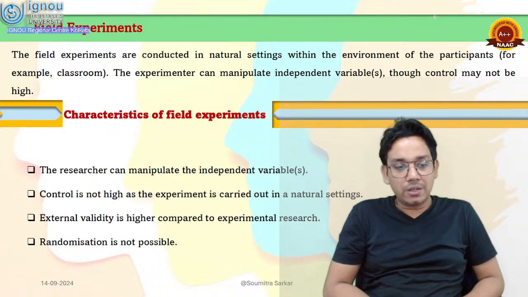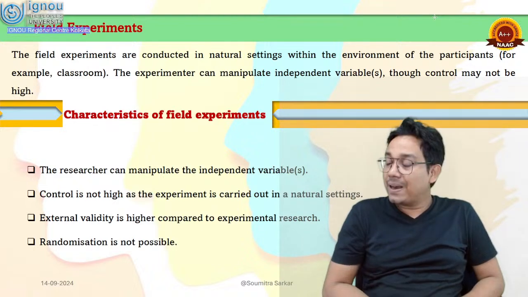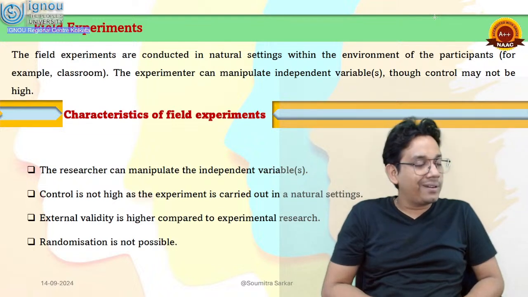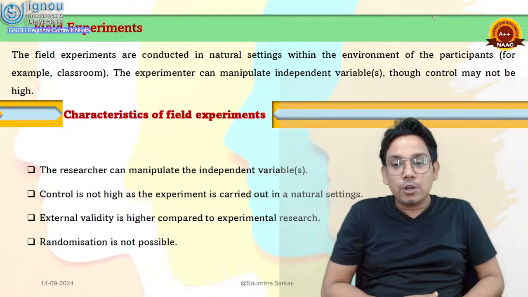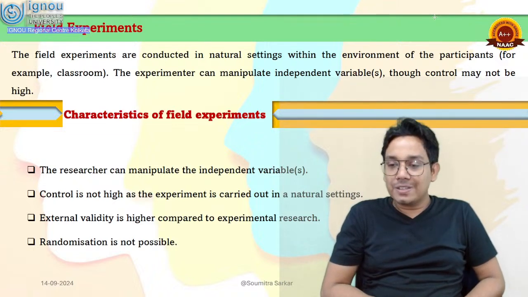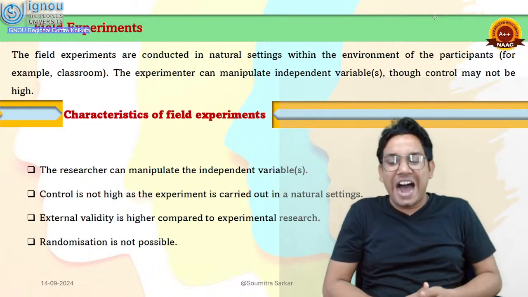The third important issue is that external validity is higher compared to experimental research. Experimental research focuses more on internal validity. Apart from internal validity, there is external validity, because external validity focuses on qualitative methods of orientation. They focus on the methods of phenomenology, ethnomethodology, interpretivism, hermeneutics.